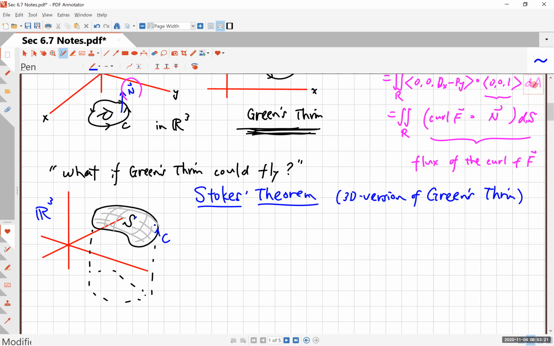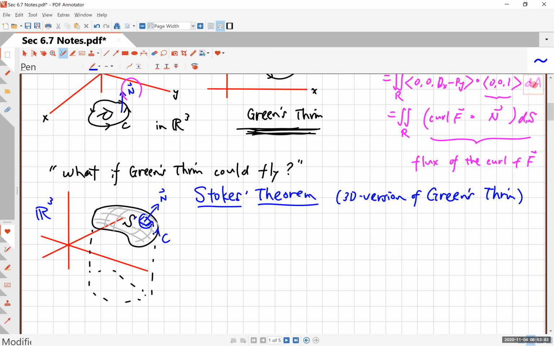I'll explain this later, but we orient this so that you can find r_u cross r_v, which is your normal component n. That is perpendicular to the tangent plane at this point to S. And using that as my orientation, we go counterclockwise.